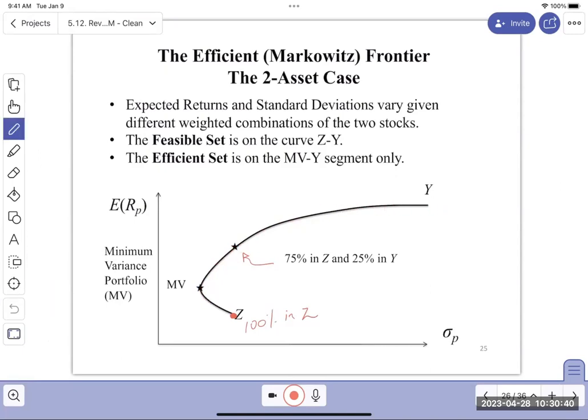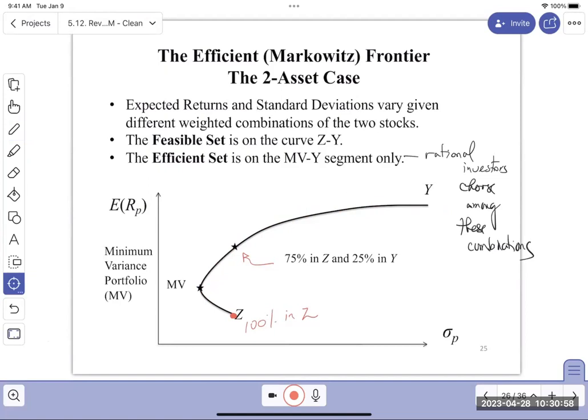So rational investors choose along that. They choose among these combinations, okay? That's known as the efficient set.